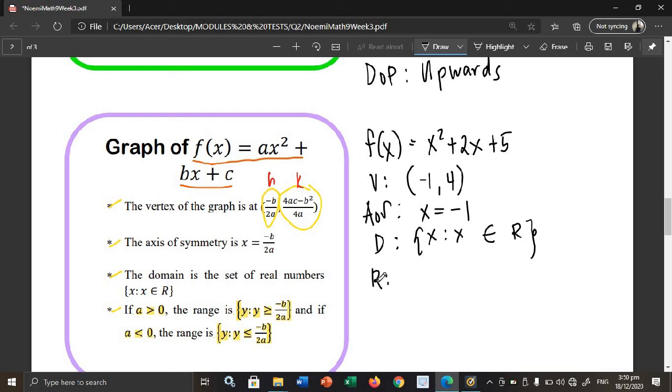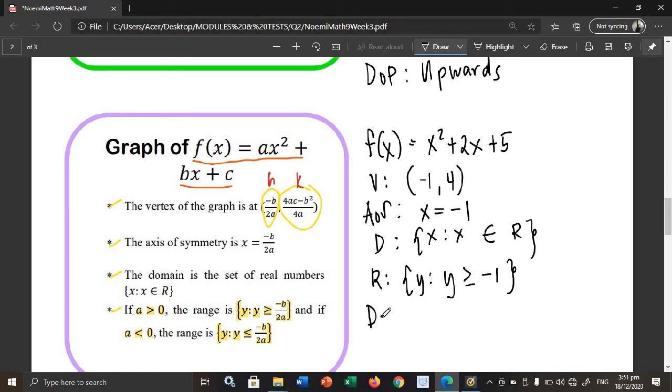And then, yung range mo is depending on the sign of the coefficient in the quadratic term. So, dito, ang coefficient mo is positive. Okay? Wala kayong nakikitang coefficient, but that is invisible 1. Positive siya. Therefore, a is greater than 0. Ang range mo is y is the set of all real numbers such that y is greater than or equal to the value of your h, which is negative 1. So, yun yung range mo.